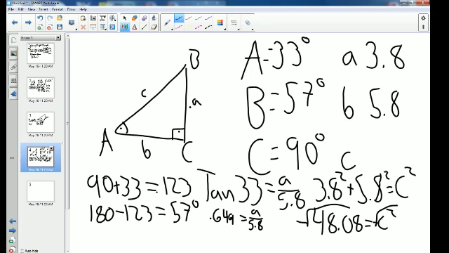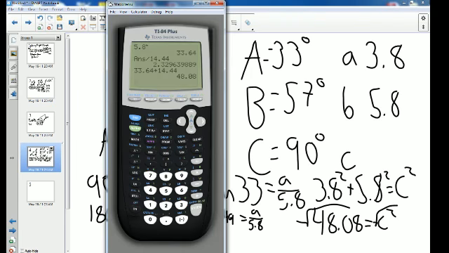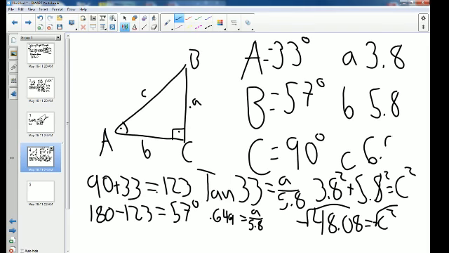So then we'll do second square root of the answer, and then we get 6.9 is C. And that's how you figure out the rest of the triangle, and that's the lesson.